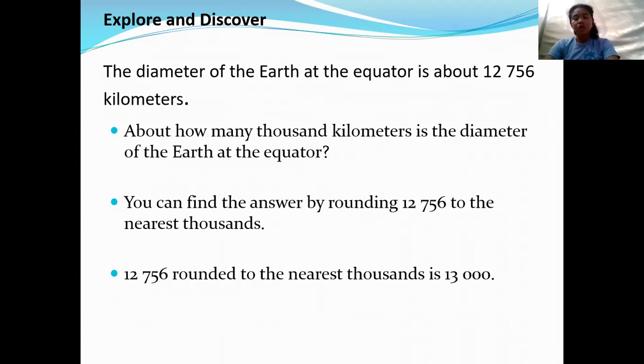You can find the answer by rounding 12,756 to the nearest thousands. 12,756 rounded to the nearest thousands is 13,000.